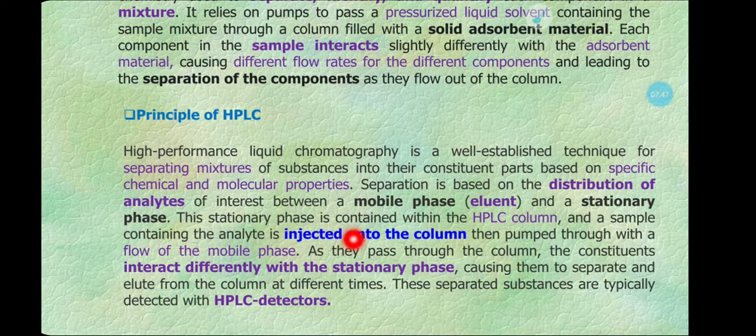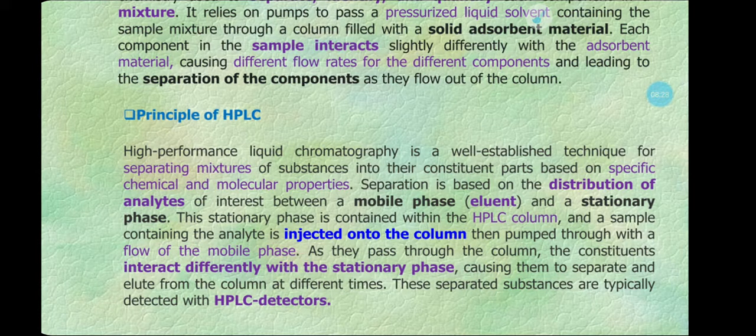This stationary phase is contained within the HPLC column, and the sample containing the analyte is injected into the column, then pumped through with a flow of mobile phase. As they pass through the column, the constituents interact differently with the stationary phase, causing them to separate and elute from the column at different time intervals, and these separated substances are typically detected by different HPLC detectors.